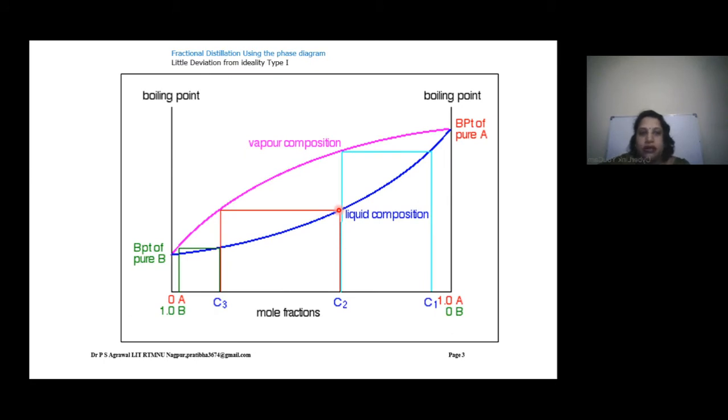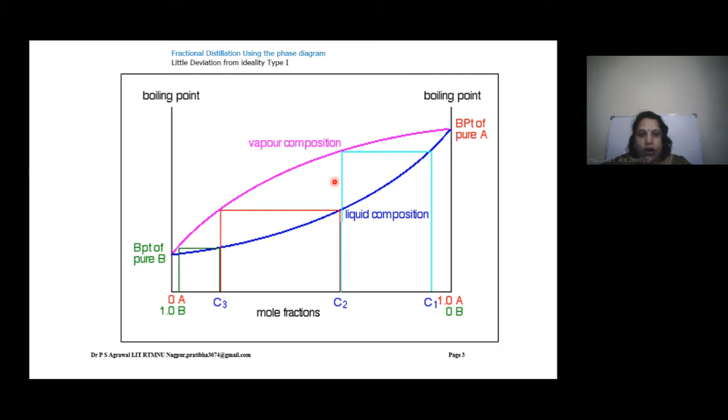Now, we will see this. This is the boiling point composition curve. This is the vapor phase, this is the liquid phase, and this is the mixture of liquid and vapor, as we have discussed in the previous lecture also.